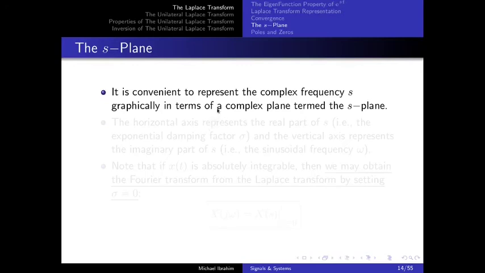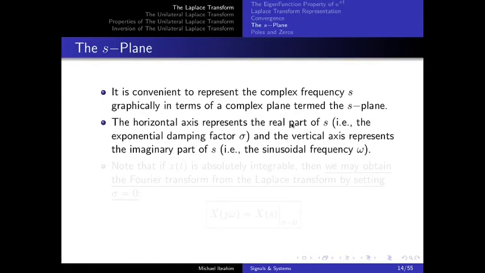So it's convenient to represent the complex frequency s graphically in terms of a complex plane in two-dimensional space that we call the s-plane or the s-domain. The horizontal axis represents the real part, sigma, and the vertical axis represents the imaginary part, which is omega.